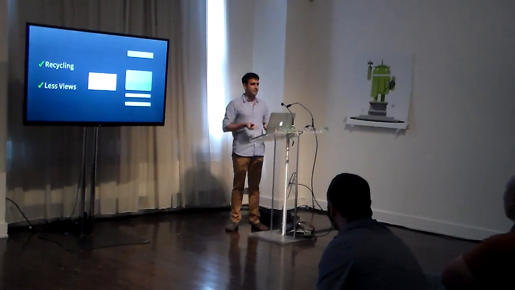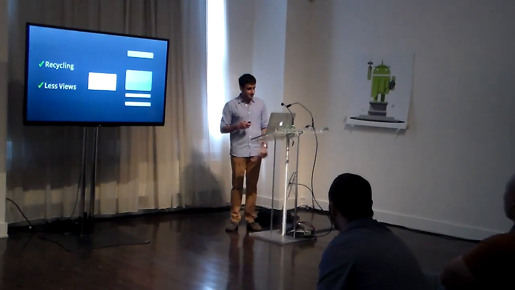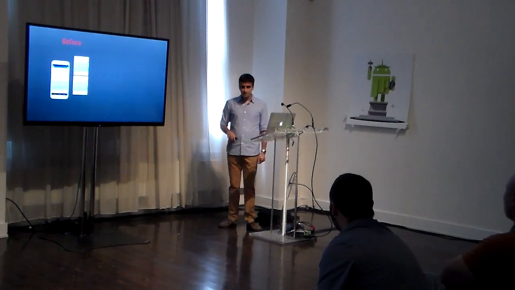Now we just have the amount of views that we need. If you can see 3 headers on screen at once, we'll have 3 headers inflated in the list view's recycling pool. If, however, it's something like a photo, where we rarely can have more than one on screen, we're going to have just one. And that is going to improve our memory usage by a lot.